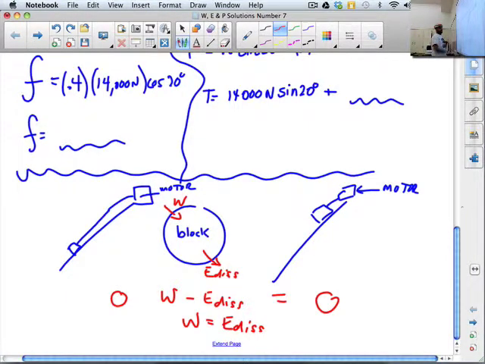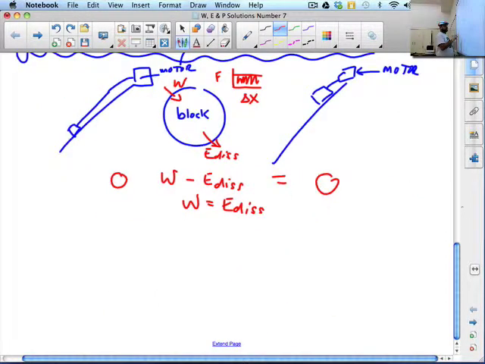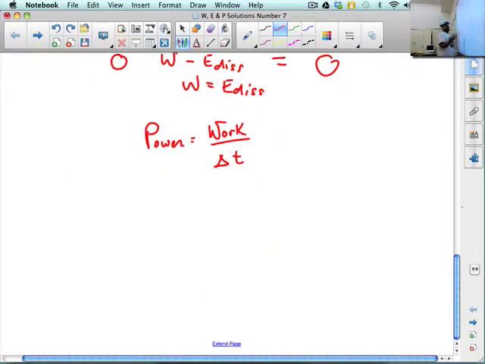So in order to figure out this work, we would just need a graph of F versus delta X. Should look like this. So power is going to be work over the change in time. Now in this case we don't have a time interval.